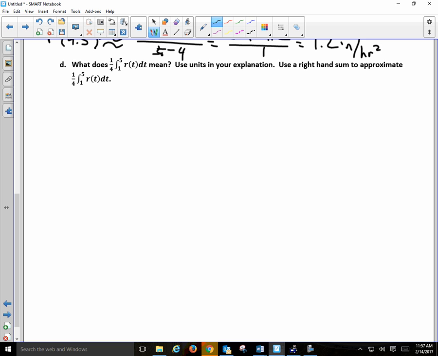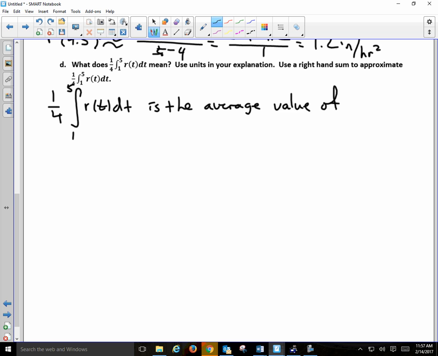All right, last question. What does 1/4 integral from 1 to 5 of r of t dt mean? Where have you seen something like that before? Average value. So 1/4 integral 1 to 5 r of t dt is the average value of what function?